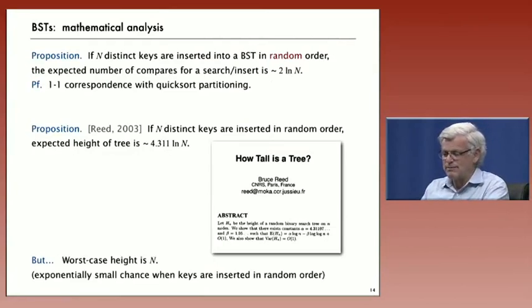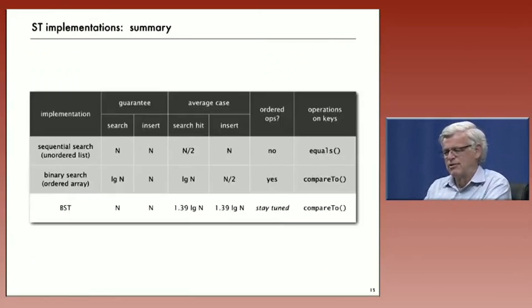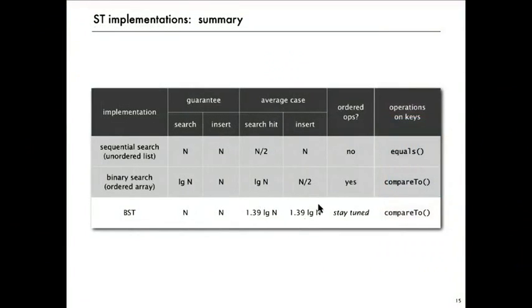Now, there is this problem that the actual worst case height, if the keys come in order and reverse order and other natural orders, is that the time could be proportional to n. So we have this summary, which is looking pretty good because we have the average case for both operations, search and insert, to be 1.39 log n.